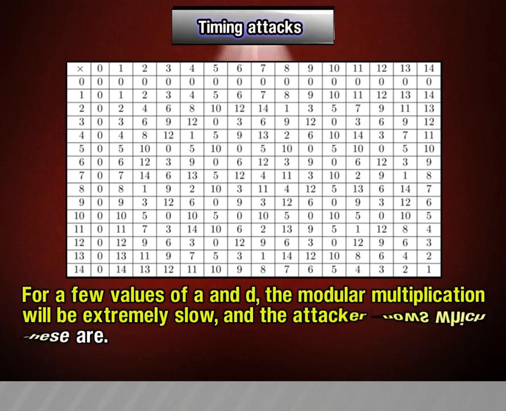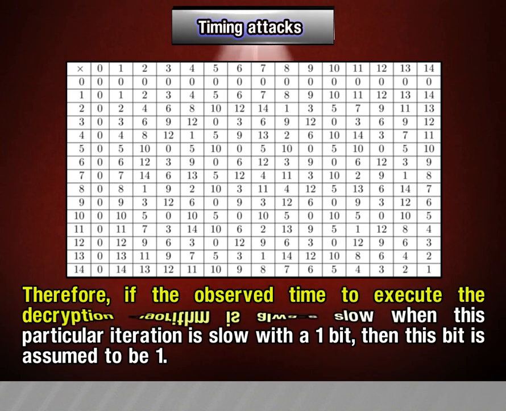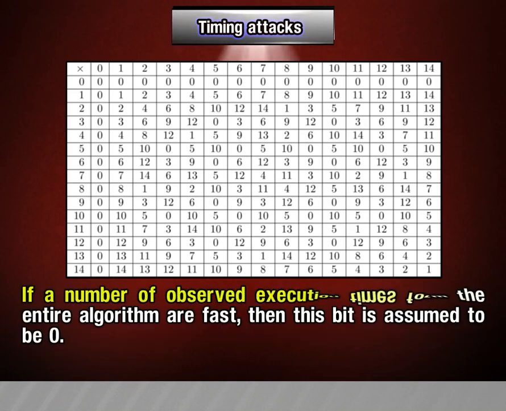For a few values of a and d, the modular multiplication will be extremely slow, and the attacker knows which these are. Therefore, if the observed time to execute the decryption algorithm is always slow when this particular iteration is slow with a 1 bit, then this bit is assumed to be 1. If a number of observed execution times for the entire algorithm are fast, then this bit is assumed to be 0.